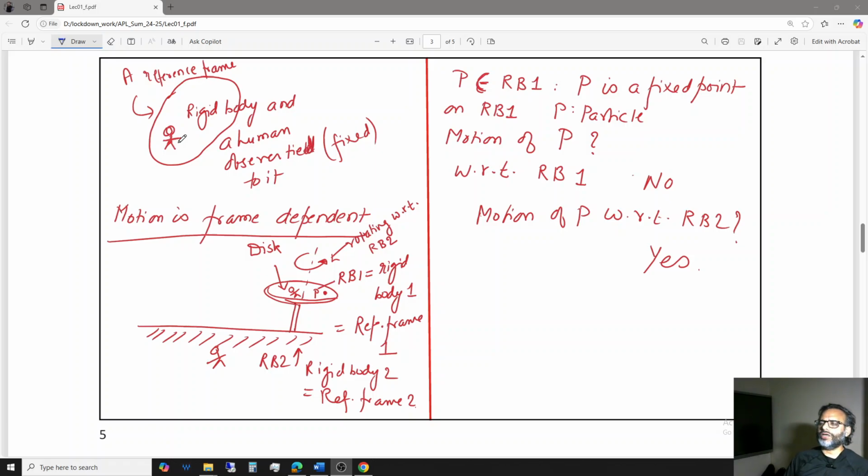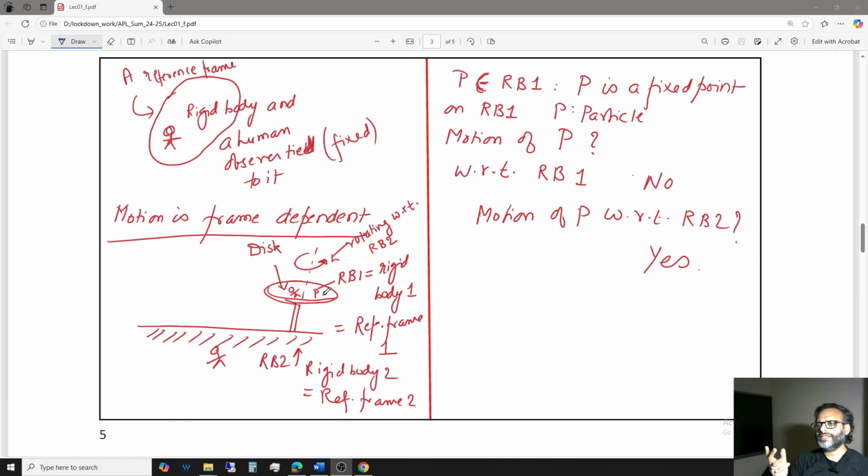To consolidate this concept more, I have another example shown on the slide. I have this ground frame which I am calling RB2, or rigid body 2. Rigid body and reference frame are synonymous. There is an observer tied to rigid body 2, which is the ground. And then imagine there is a disk which is rotating with respect to RB2, like in an amusement park.